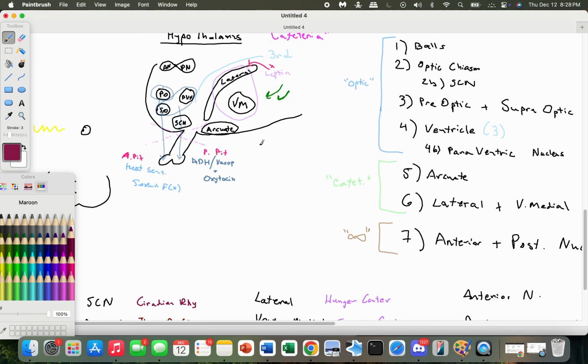Later on we'll probably learn about the hypothalamic set point and how that relates to fever versus heat stroke. But for now, just memorize it as the infinity sign. So A for AC, so cooling. And the posterior nucleus, if the cooling is on top, then heating is on the bottom.